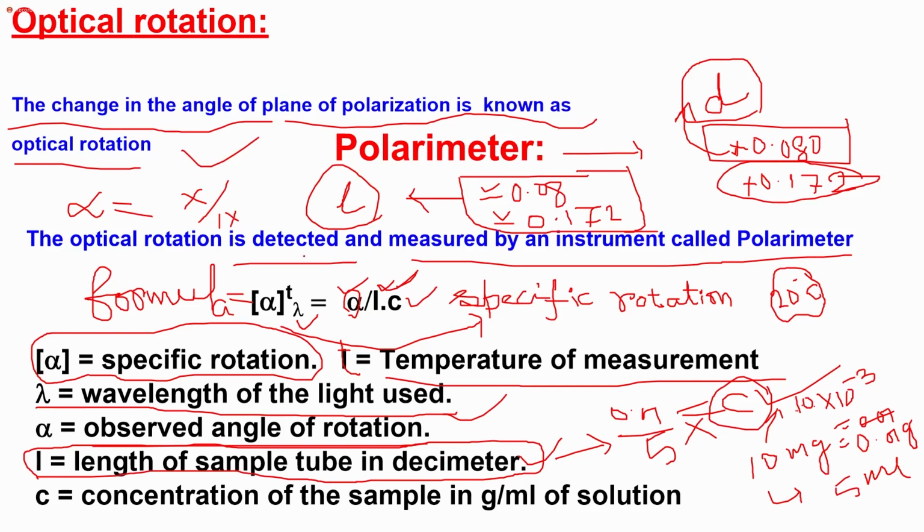Now you have a concentration, let's say Y. So the alpha value will be X by Y. X may be any number, Y may be any number. In this way, you can also determine the specific rotation of the compound.